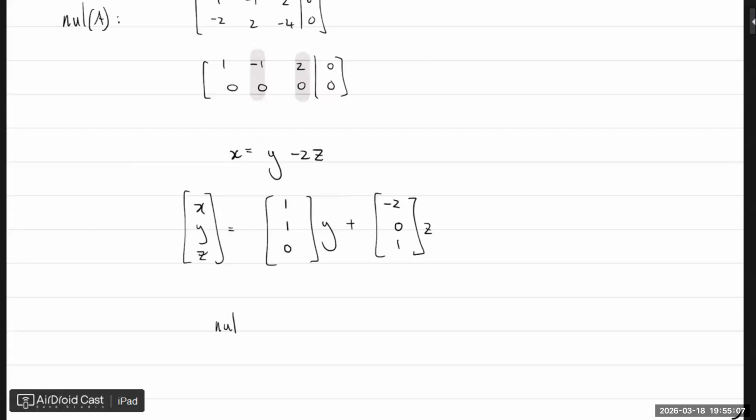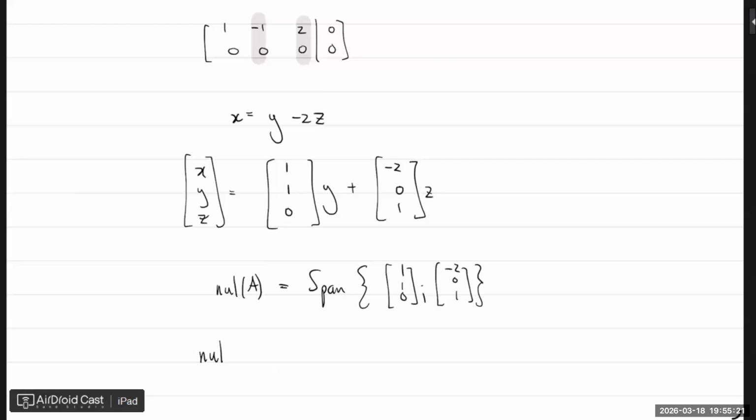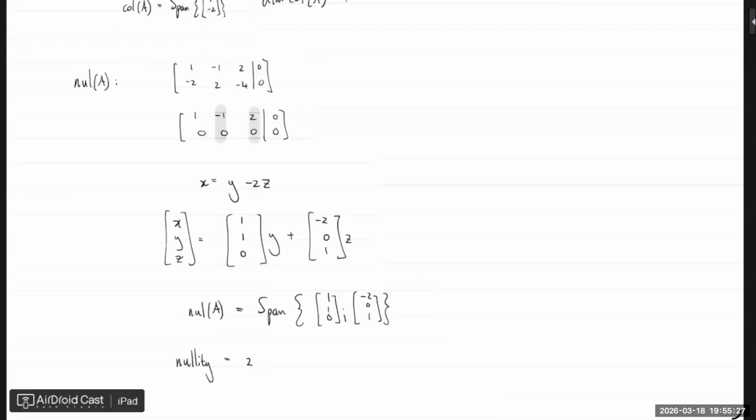So the null space, not nullity, null space is the span of these two vectors. So the nullity is 2 because there's two vectors.